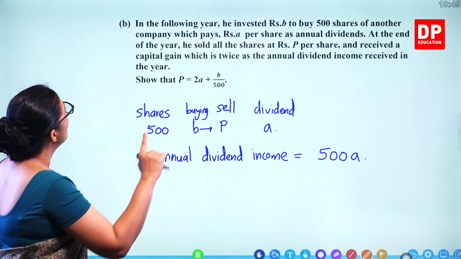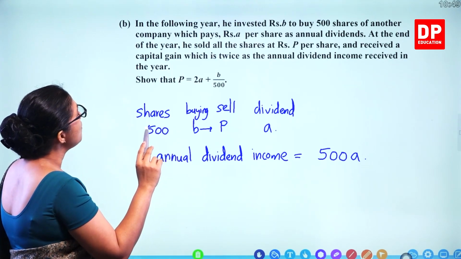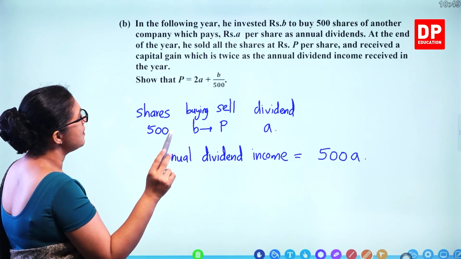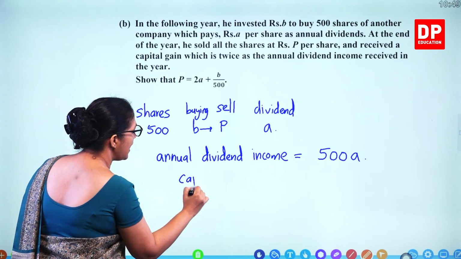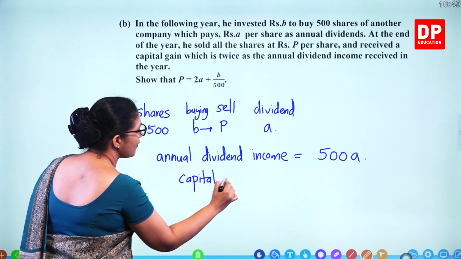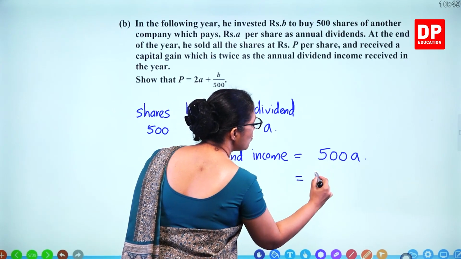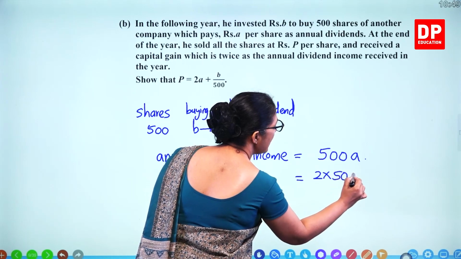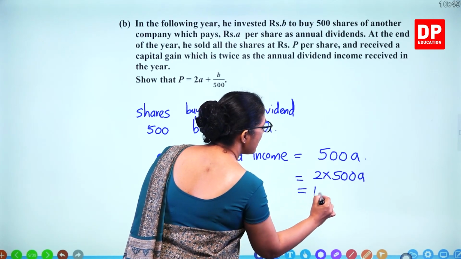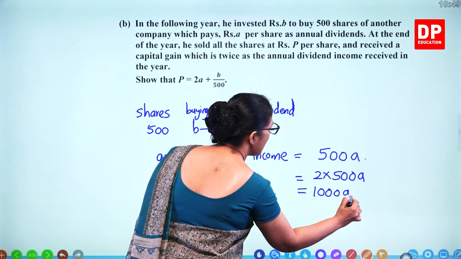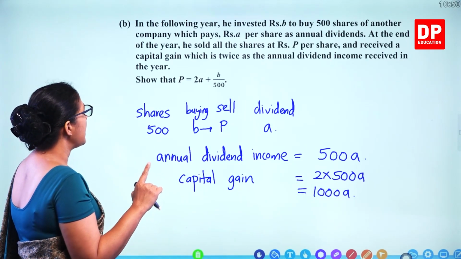So it says capital gain, which is twice as the annual dividend income. So what is capital gain? Capital gain is twice as that. 2 times 500 A. That means 1000 A is the capital gain.